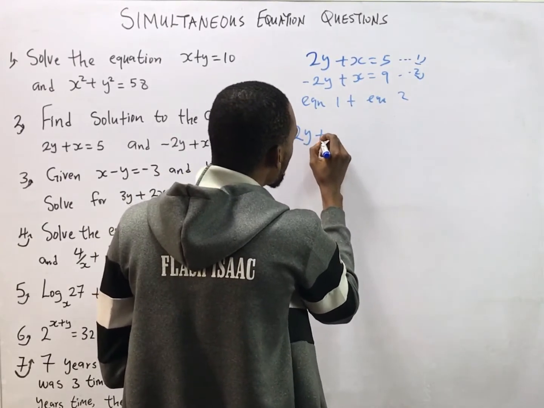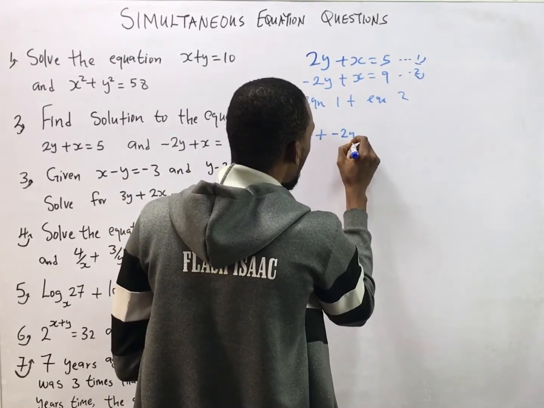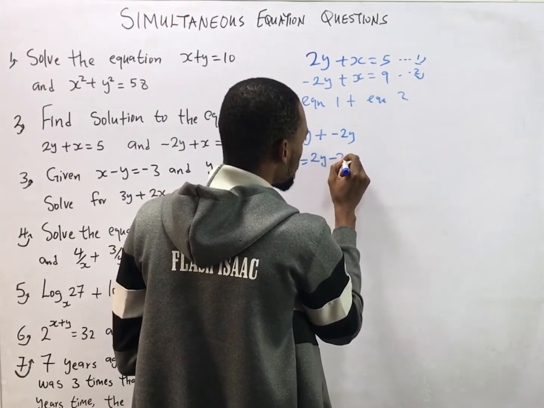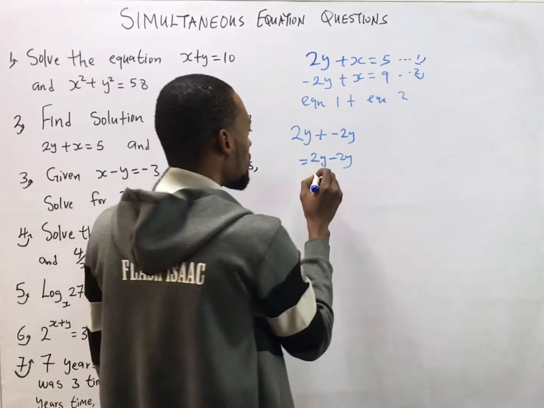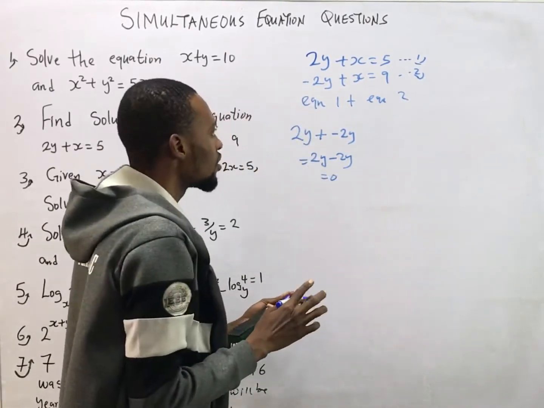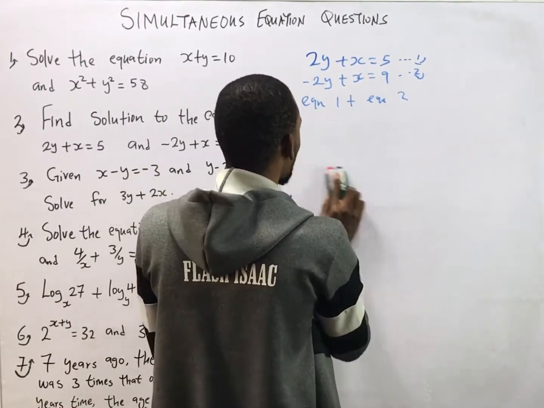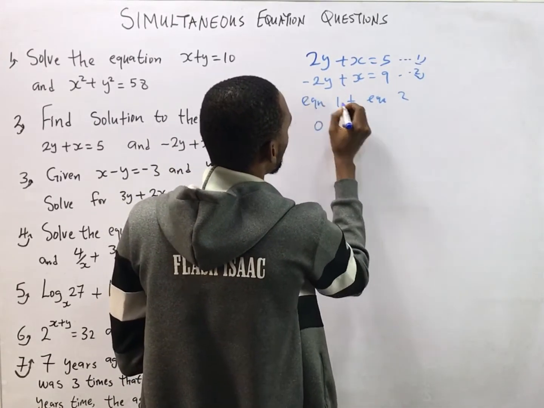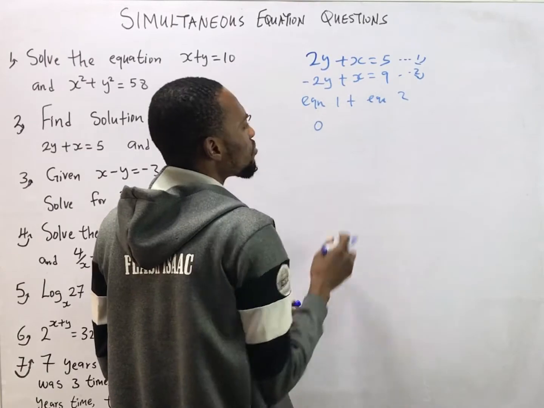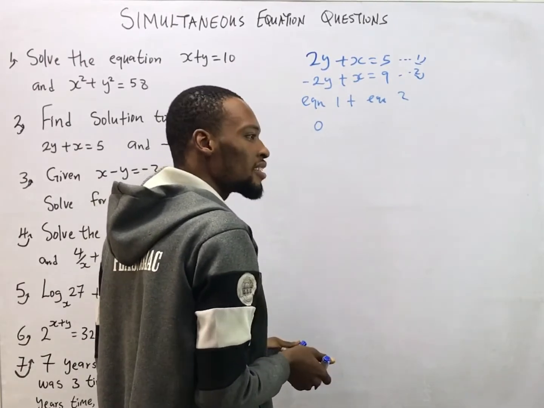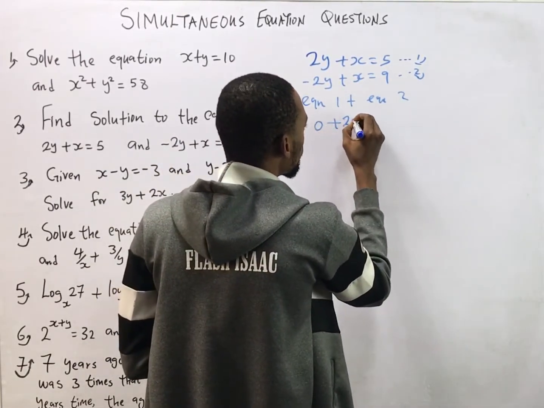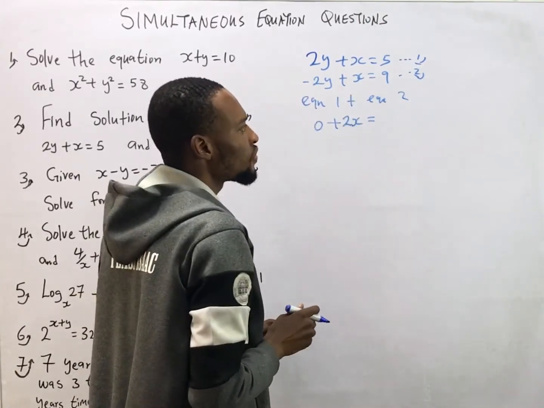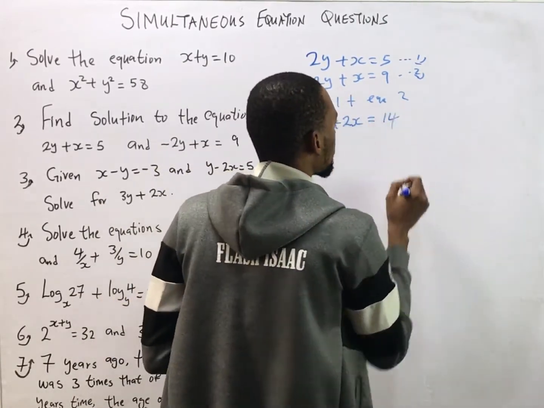Adding this, 2y plus minus 2y is the same thing as 2y minus 2y, right? And that will give you 0. So I've eliminated that. S plus s is 2s, so this is plus 2s is equal to 5 plus 9, which is 14.